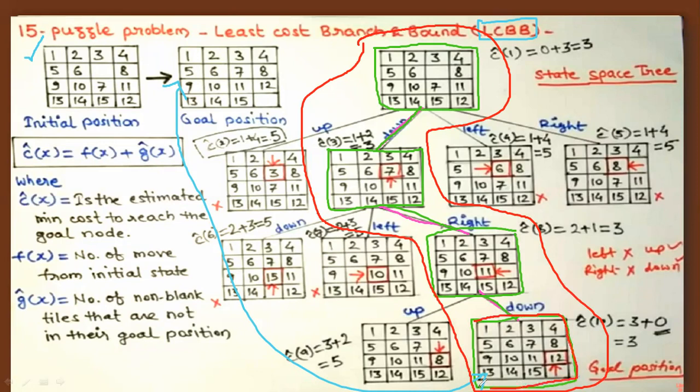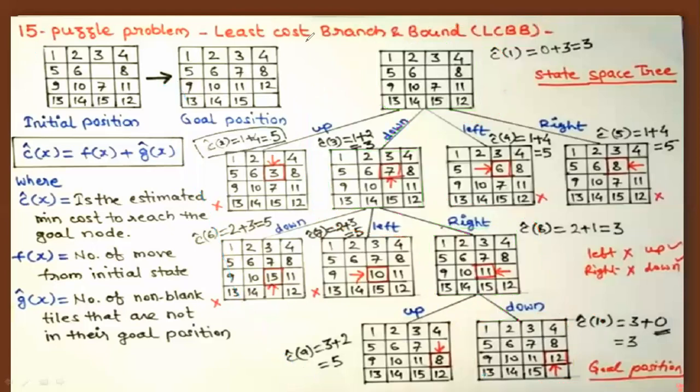This is called the goal position, which we get after three iterations by using the least cost branch and bound searching technique.